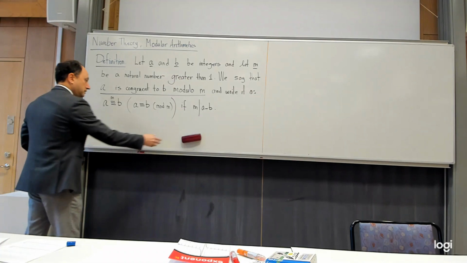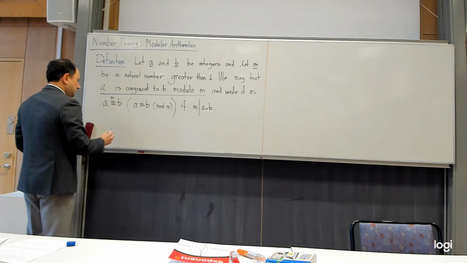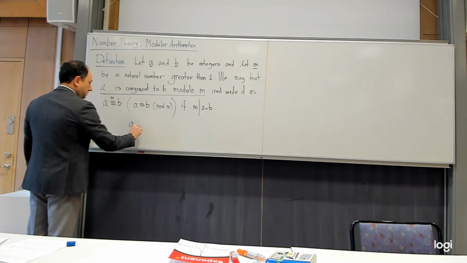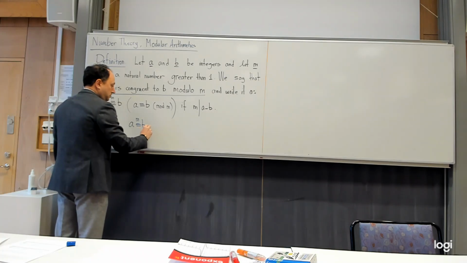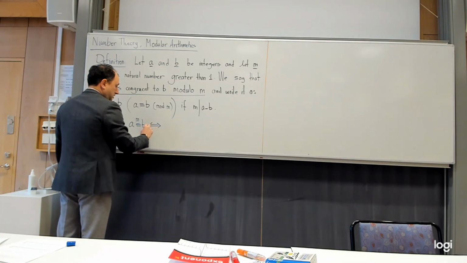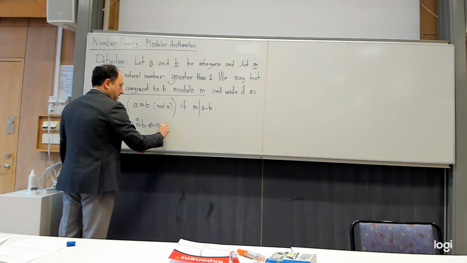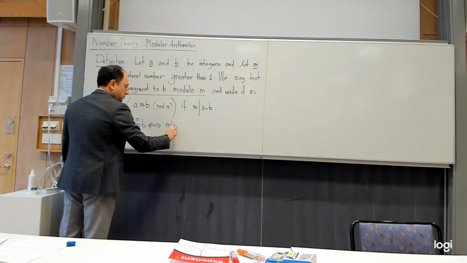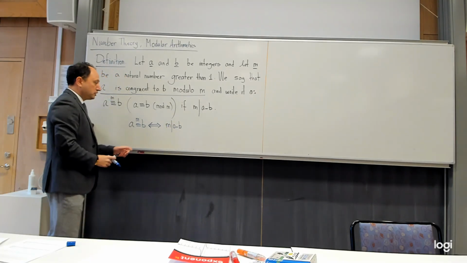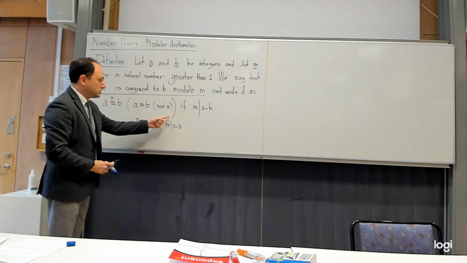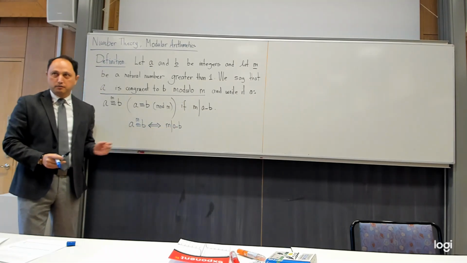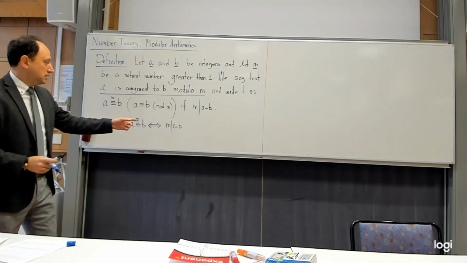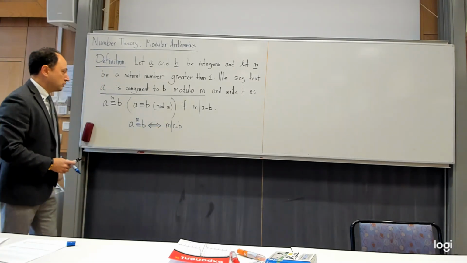From now on, you need to translate this relation into the divisibility language. So this means that M divides A minus B. Of course, in the book, because they haven't introduced this symbol, they have written it in words, that A minus B is divisible by M. But now we can use this symbol because we have worked with it.